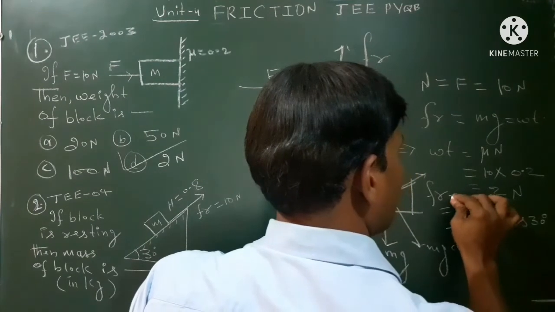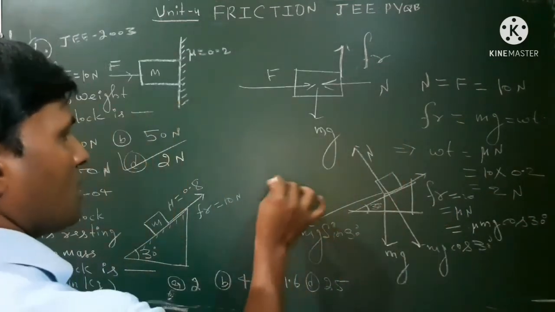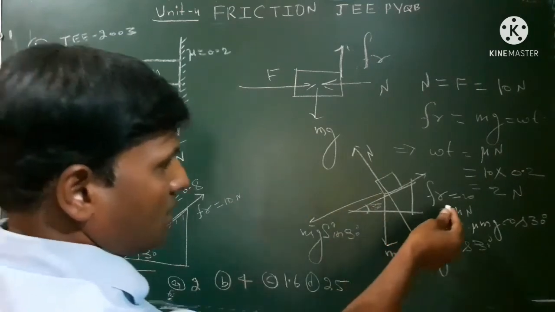Fr is given as 10 Newton, so you can apply 10 equals mg sin theta and get the answer in a very quick way.